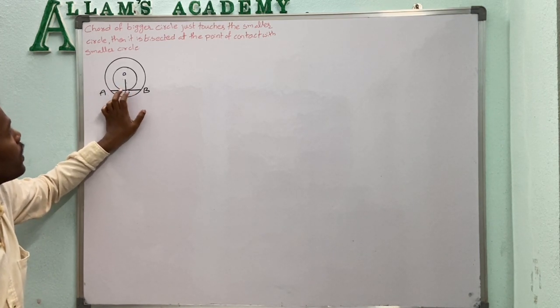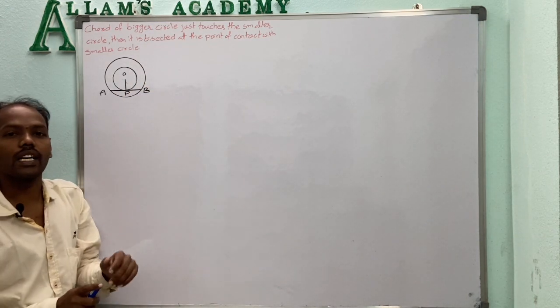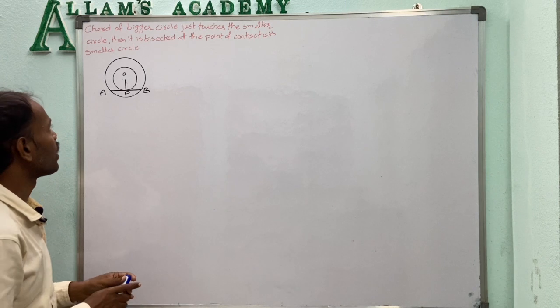Now AP length and BP length are equal, that is, the chord is bisected at the point of contact. That is what we have to show.